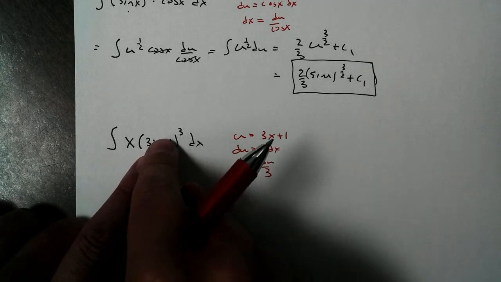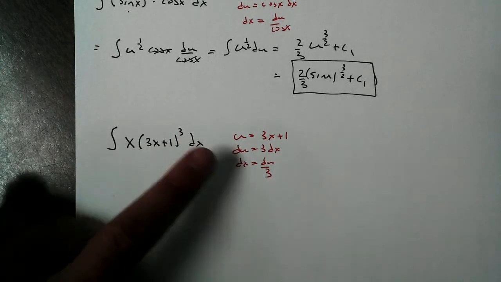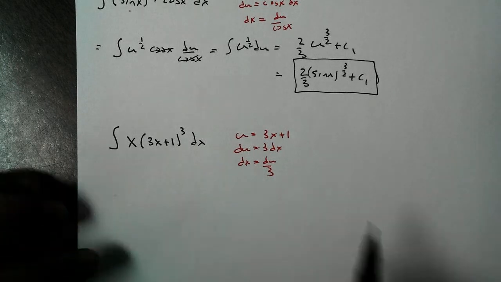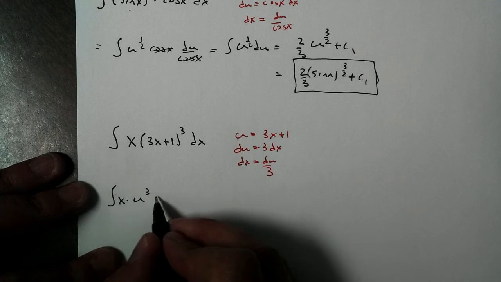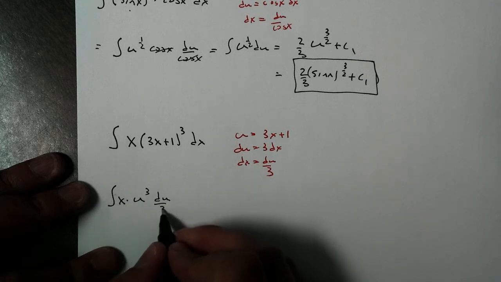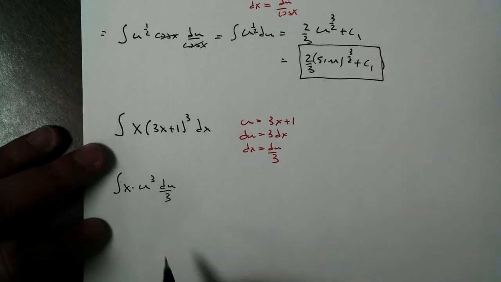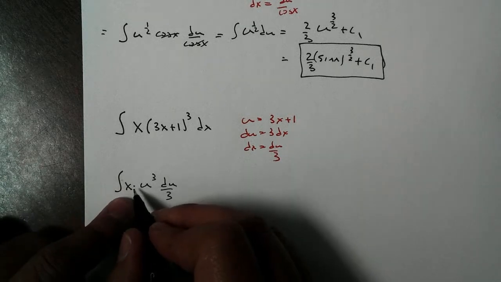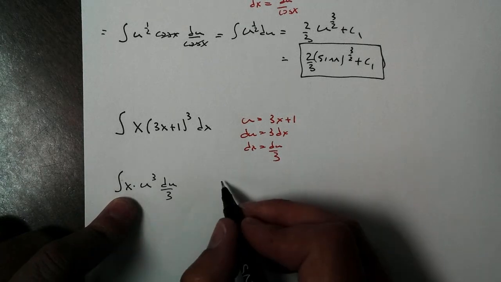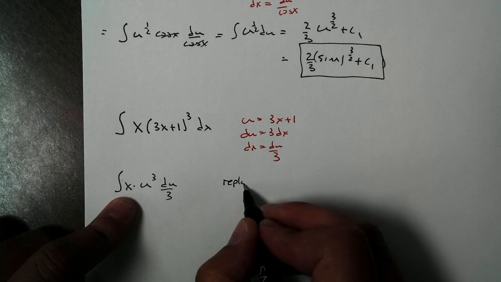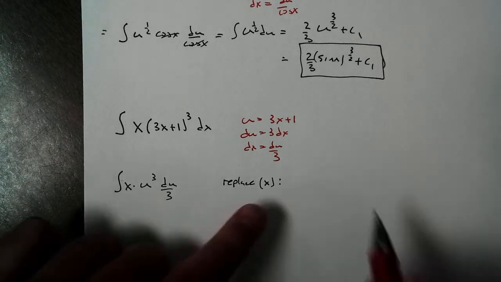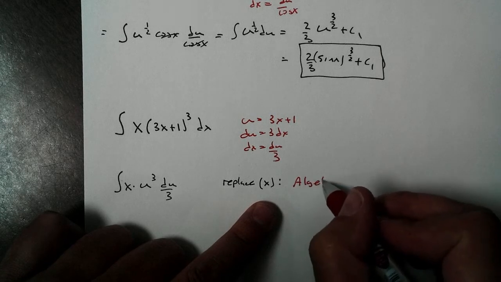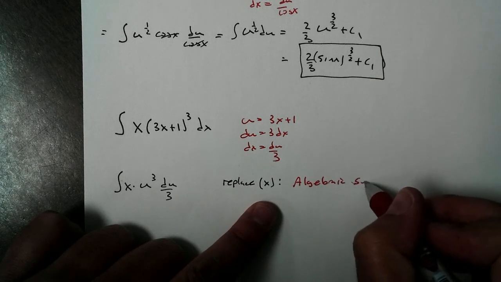Now we could just expand this one, but I'm going to use the algebraic substitution because it's kind of fun to do. And what I'm left with is x times u cubed du over 3. Now my problem is we cannot have x and u in the same problem. So I have to somehow replace x. Well, to do that, I'm going to use algebraic substitution.